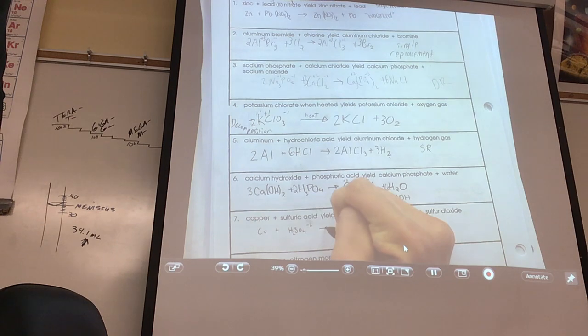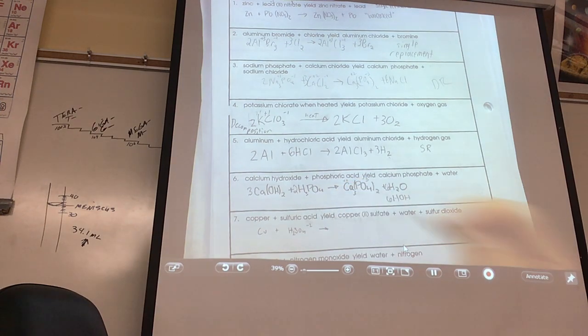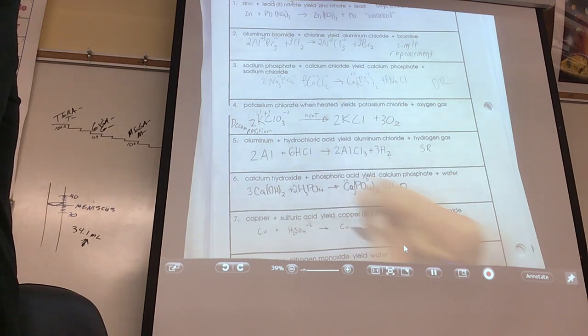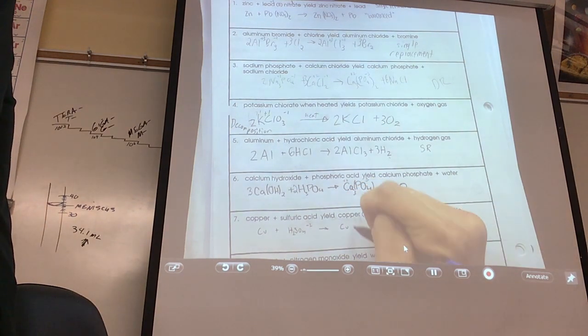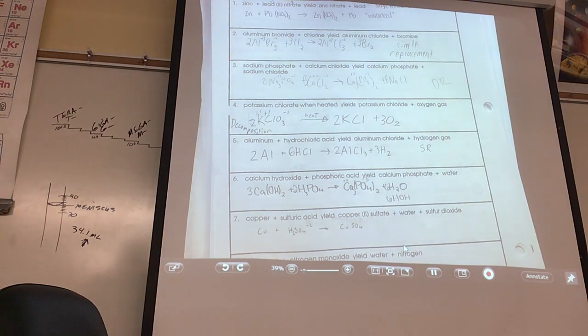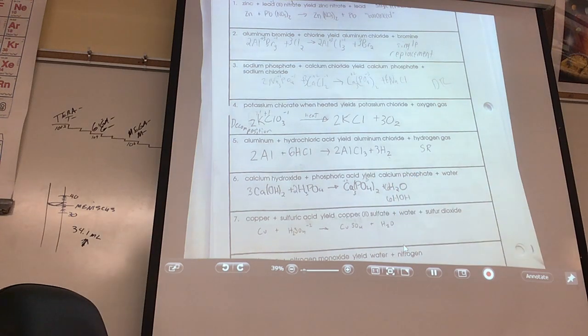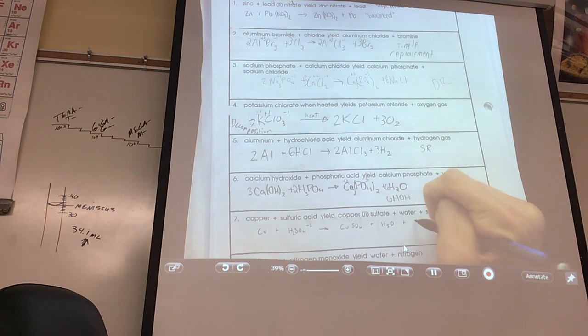So that yields copper 2 sulfate, CuSO4, and then copper 2, so that balances out. Copper 2 is +2, and sulfate is -2. So plus water, H2O, and then also sulfur dioxide.